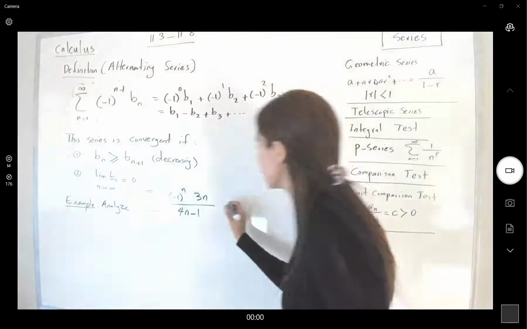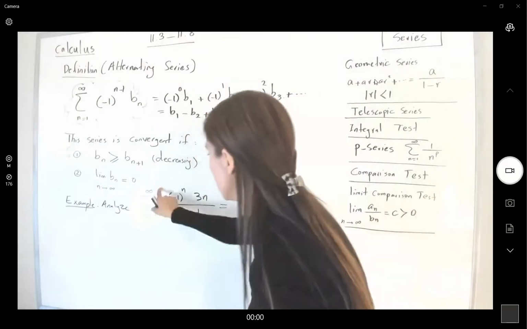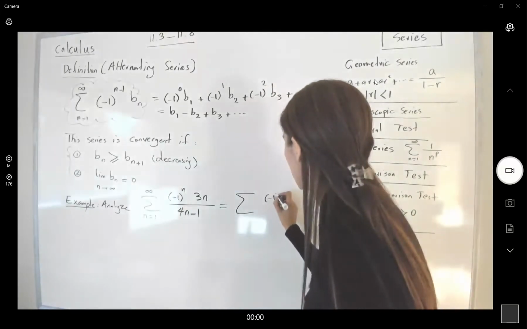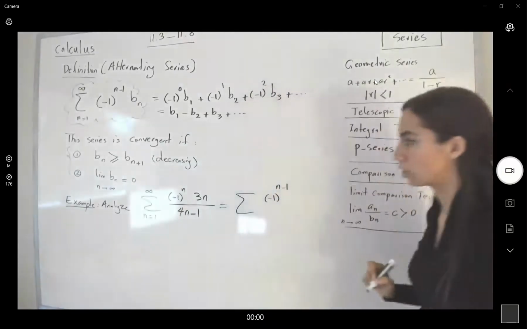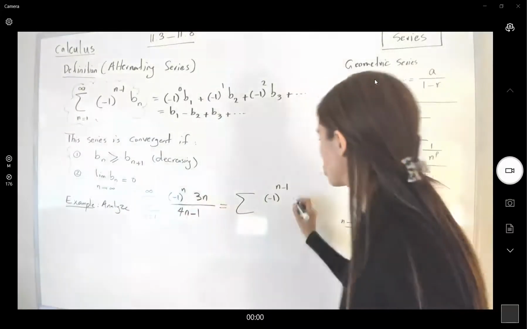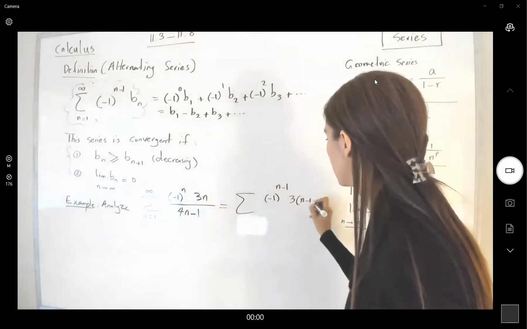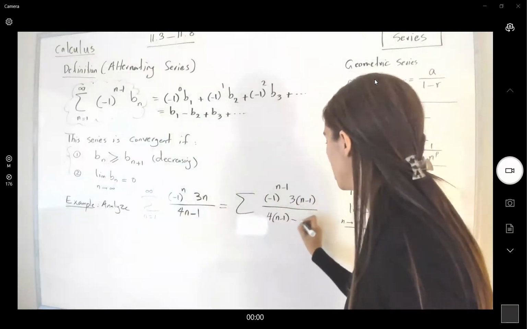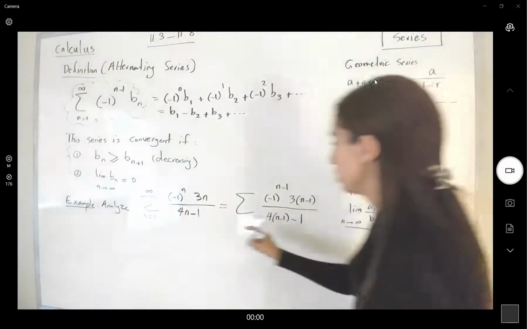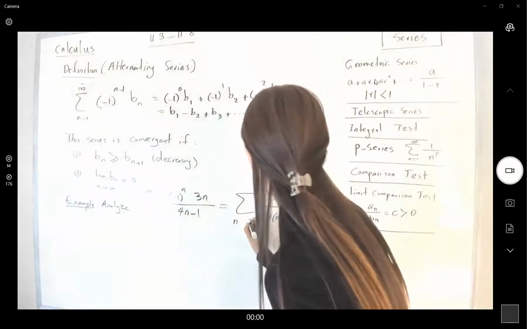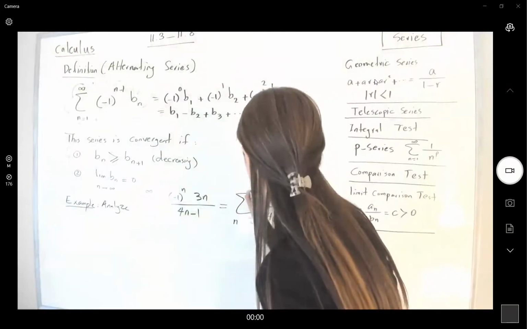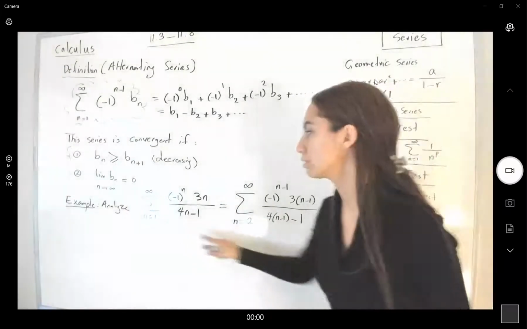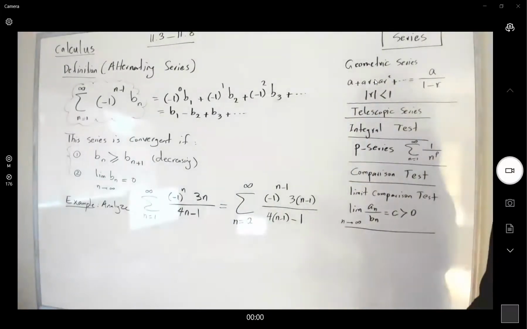So we have this conversion. We can write it as the sum of -1 raised to n minus 1. Wherever you see n, you can substitute that by n minus 1, divided by 4 times n minus 1 minus 1. And now your n starts from 2, goes to infinity. If you compare these two series, they give you the exact same terms.